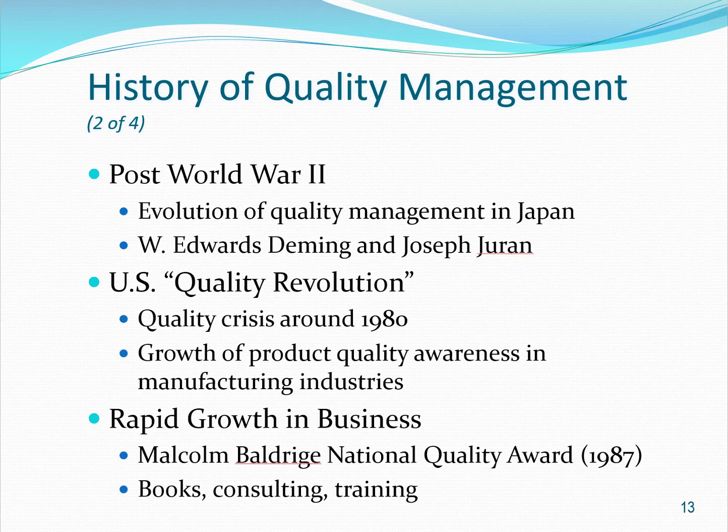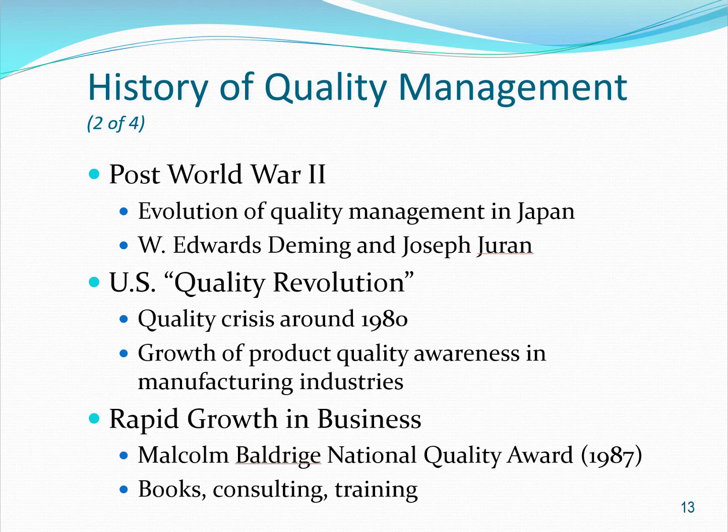And then the U.S. quality revolution took place in the 1980s. There was this quality crisis, and there's a good NBC documentary from the 1980s that says, "If Japan can, why can't we?" I may give you the link for that as part of the course material.